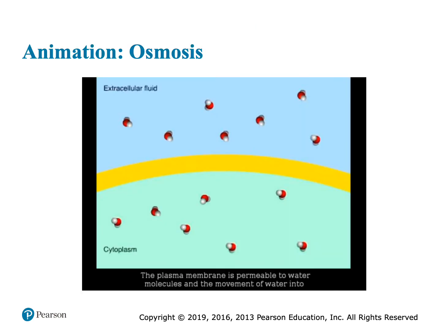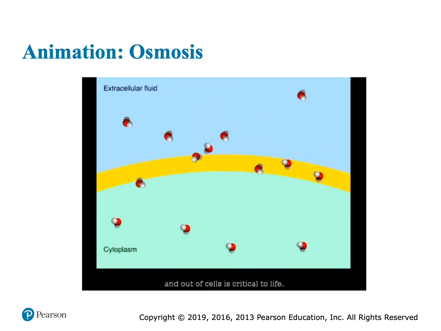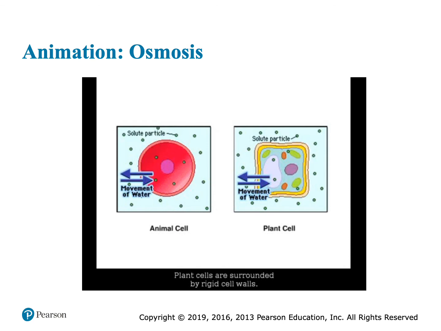The plasma membrane is permeable to water molecules, and the movement of water into and out of cells is critical to life. Diffusion of water molecules across a selectively permeable membrane is a special kind of passive transport called osmosis. Plant cells are surrounded by rigid cell walls.